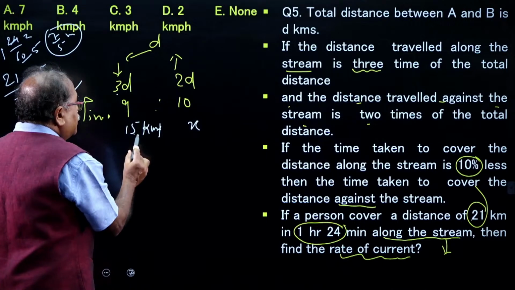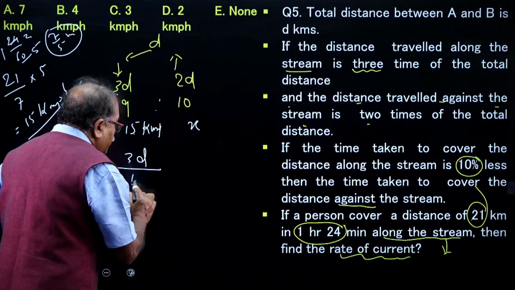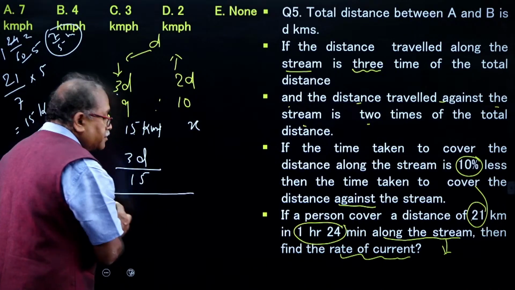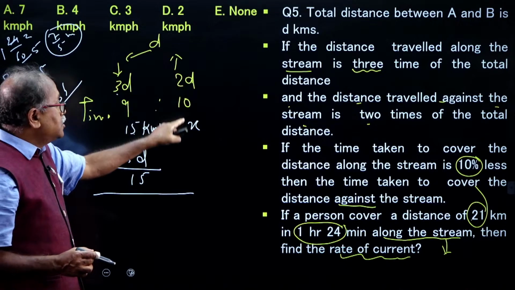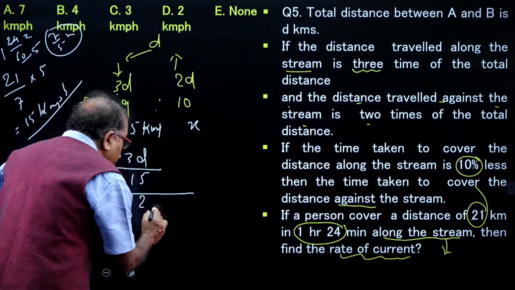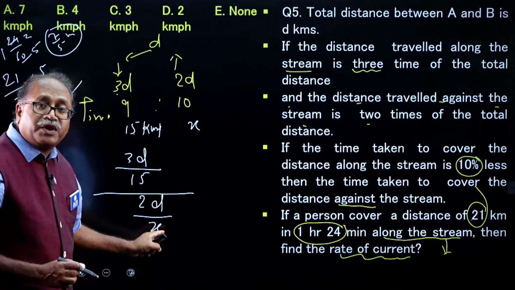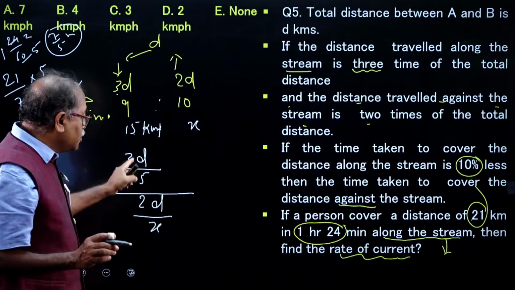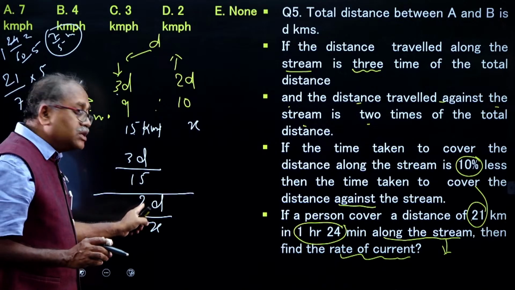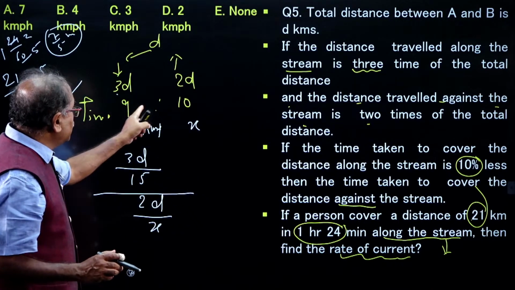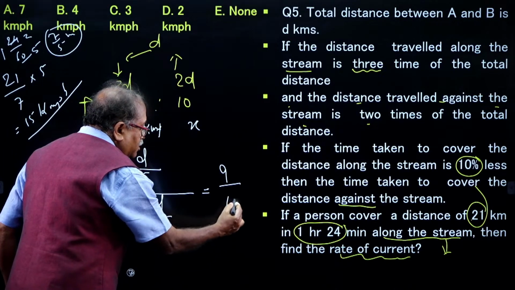So, here 3d by 15, this is the time, and what is the time here? The 2d by x. Distance by speed is equal to time here, and what is the time ratio? The time ratio is 9 by 10.